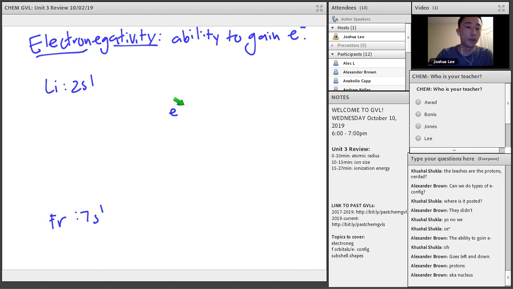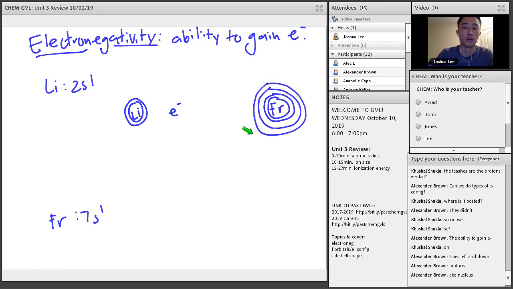So if you think about lithium, lithium is energy level 1, then energy level 2. Whereas francium, energy level 1, 2, 3, 4, 5, 6, 7.